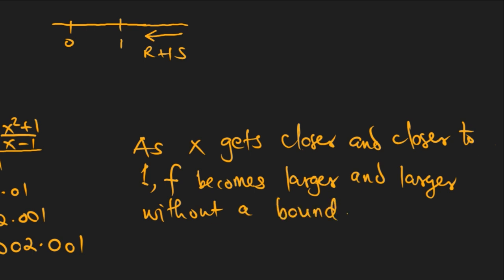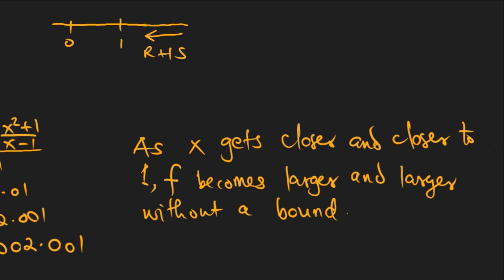So as x was getting closer and closer to 1 from the left hand side, we saw that the function got smaller and smaller without a bound. Now as x is getting closer and closer to 1 from the right hand side, we are seeing that the function gets larger and larger without a bound. So this shows that the function f of x equals x squared plus 1 over x minus 1 does not have a limit.